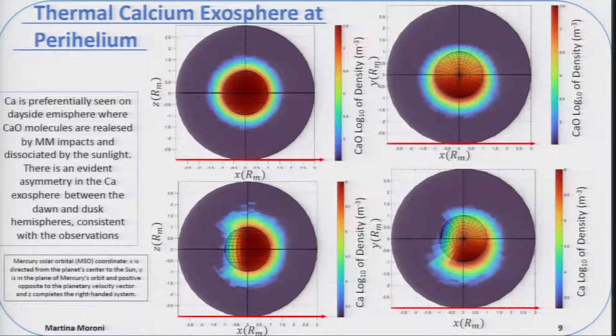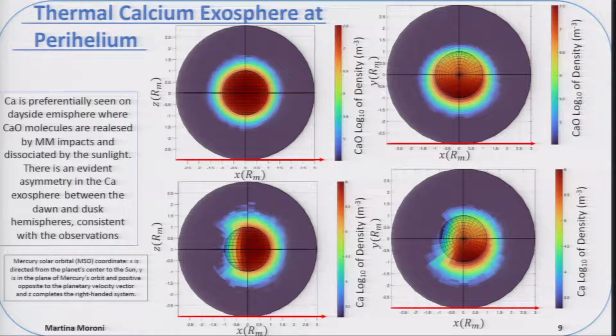Now we compare the first process with the second, the thermal calcium exosphere, also in this case at aphelion, generated from the photodissociation of calcium oxide. At the top of the slide, we can see two figures that represent only the calcium oxide exosphere, generated directly from the impact of the micrometeorites on the surface.